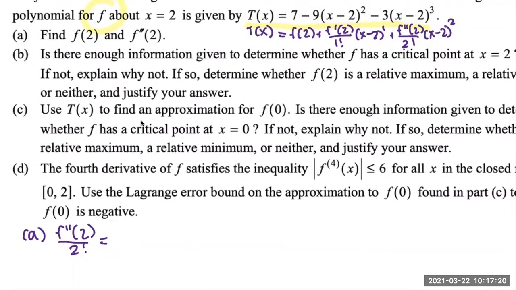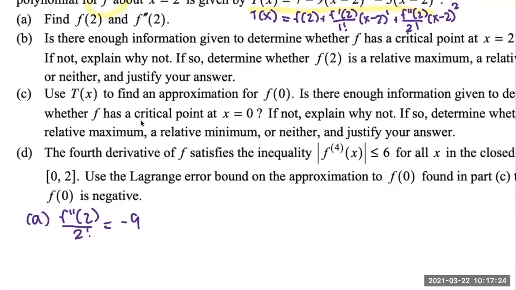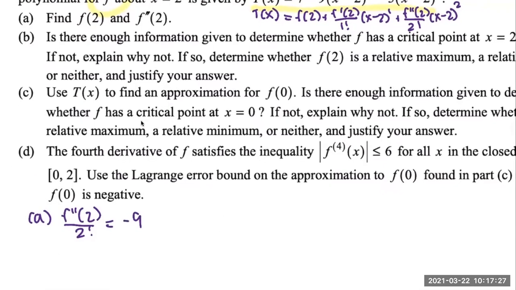So for part A, after you figure out what constant to set it equal to, 2 factorial is just 2, multiply both sides by 2, and you get the second derivative should be equal to -18. Okay, and so that's a roundabout way to get to that answer.